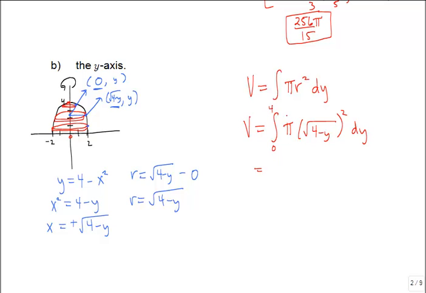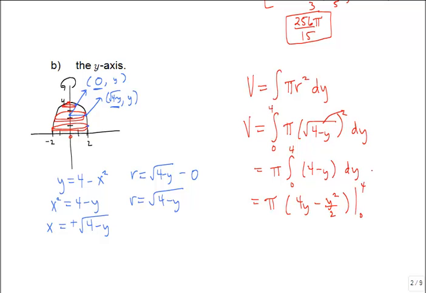And while I'm at it, I'm going to pull the pi out front because it's a nuisance to keep it in there. So in this example, we get a little lucky because the square and the square root cancel each other out. So we just get 4 minus y. And that's fairly easy to integrate. The integral of 4 is 4y, and the integral of y is y squared over 2.